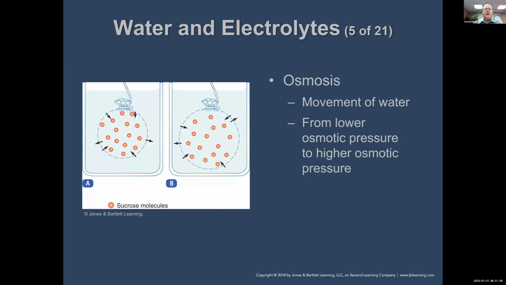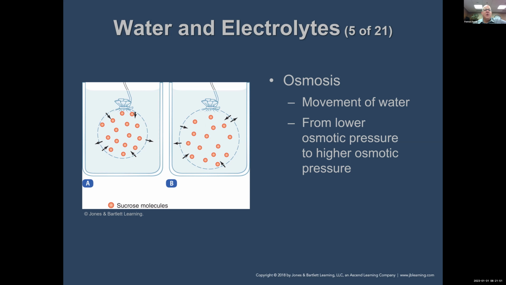Many of you probably in anatomy and physiology did this when you were learning about osmosis, but it's really depicting you have a bag that has solute in it on the left there, A. And in this case, it's sucrose, and that's sugar, right?